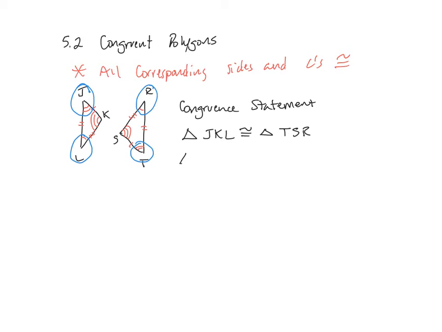Okay, so really the first triangle, it doesn't matter the order that you write it in. So I could put KJL. I just need to follow the right order. So K goes with S, J goes with T, and L goes with R. So there's a bunch of different ways that you could write that something is congruent.